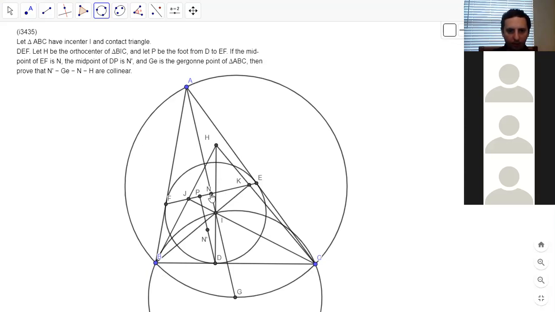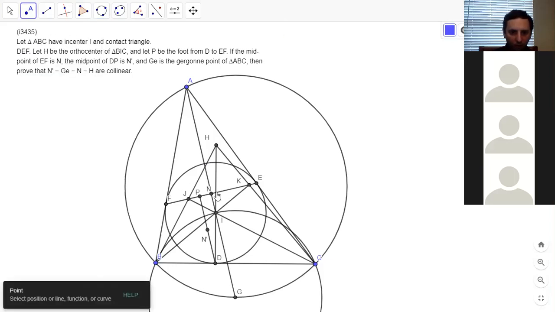Projecting from N onto what? DH. DH? Oh, DH. Okay. Yeah. D goes to D, and N prime goes to H prime. Let's call it H prime. P goes to the intersection of EF with DH. Okay, so, and these are harmonic. So H equals H prime.